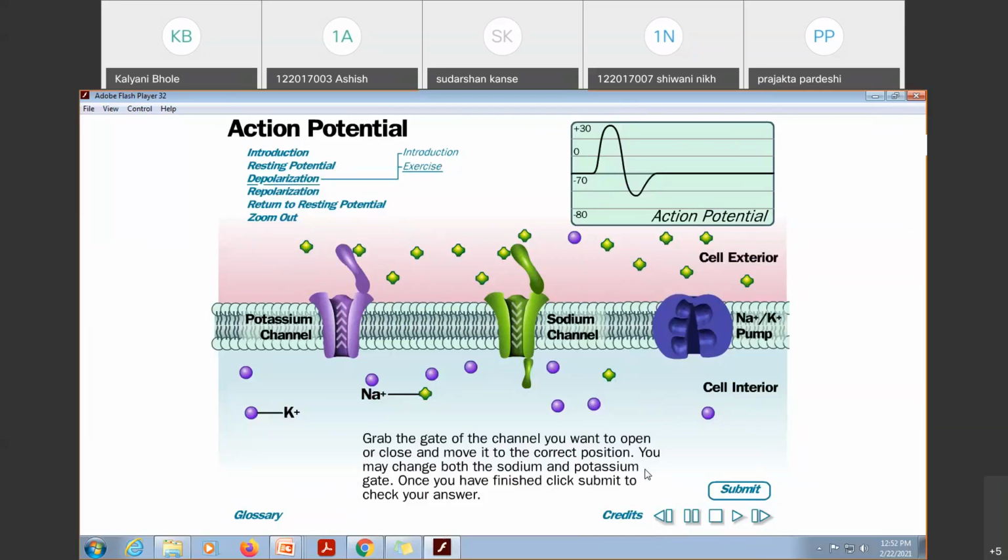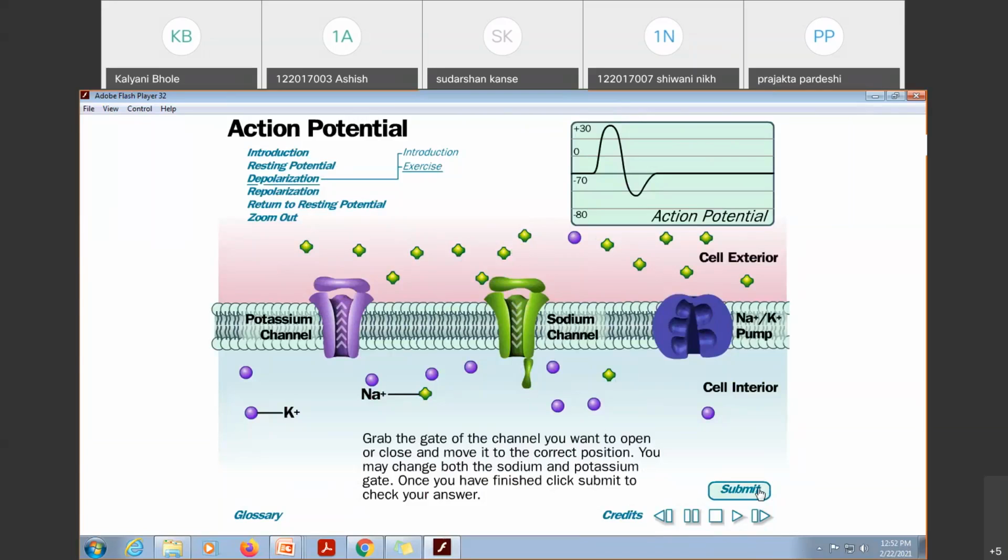Ma'am, in depolarization, the potassium ion, which is inside the cell, goes out, and the Na plus goes inside the cell, and the number of cations decreases outside.